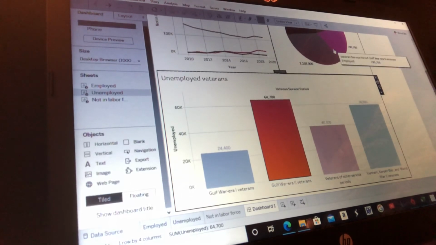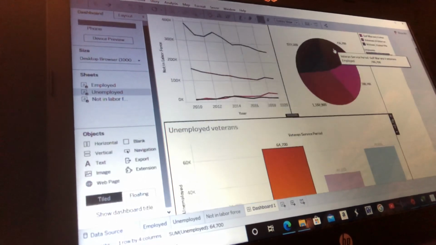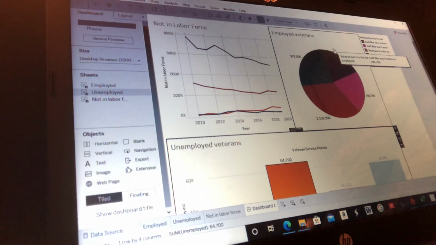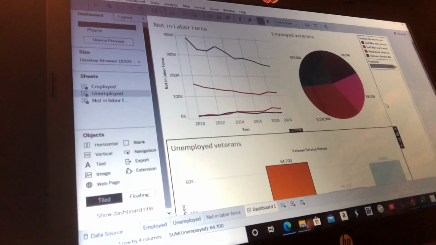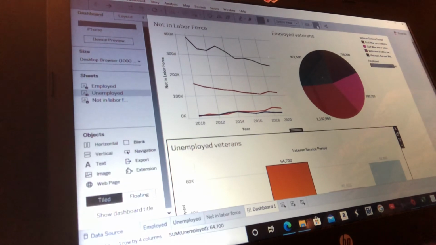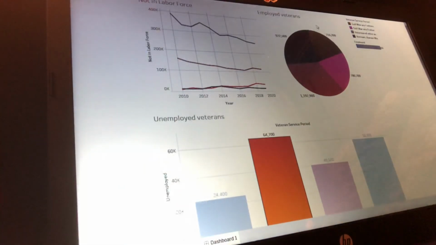It is pretty high, but it's not terrible. The employed veterans is up there as well. We also have the option to put this as a PowerPoint screen so that you could see it clearer, which I thought was really cool.